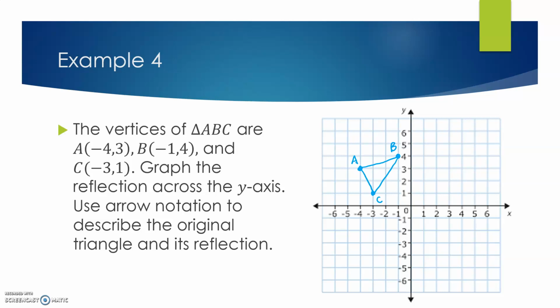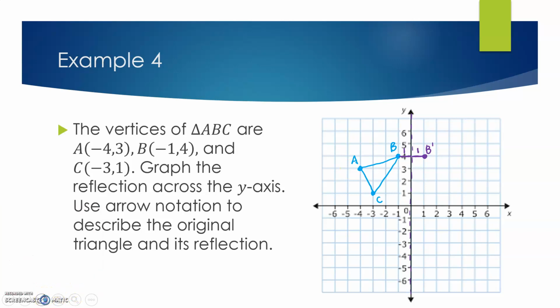If I'm reflecting across the y-axis, that's right here. I'm going to reflect each point of the triangle across the y-axis. I'll look at B first because it's the closest, though it doesn't matter what order we go in. It is 1 unit away from the y-axis, so I'm going to move 1 away for the image. So it's going to be B prime.